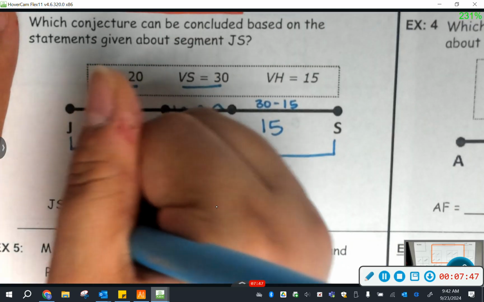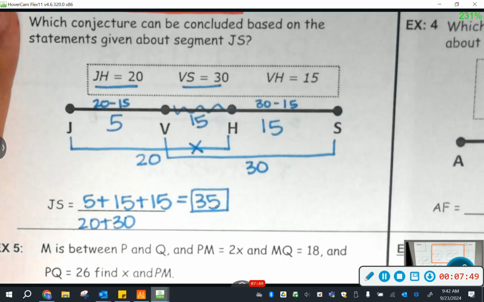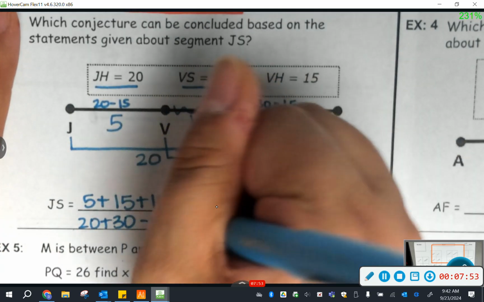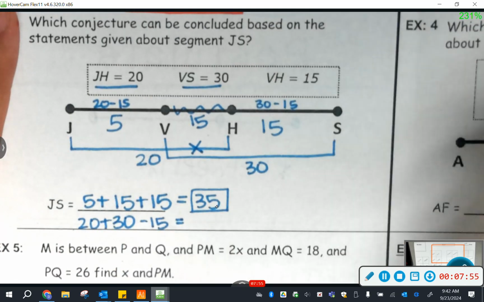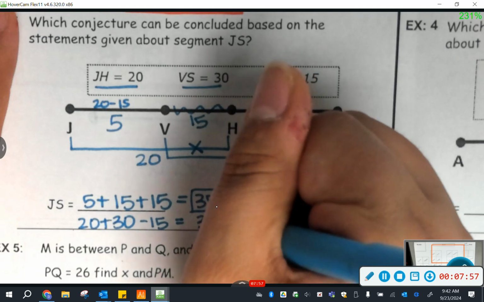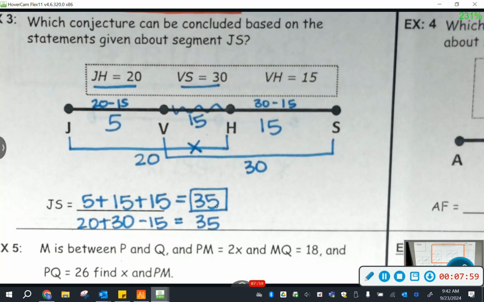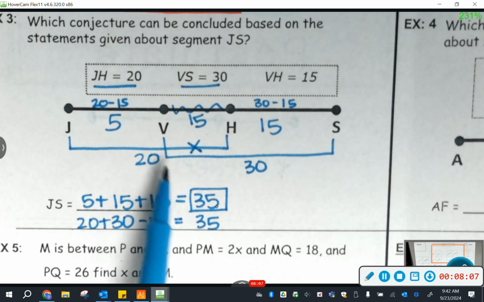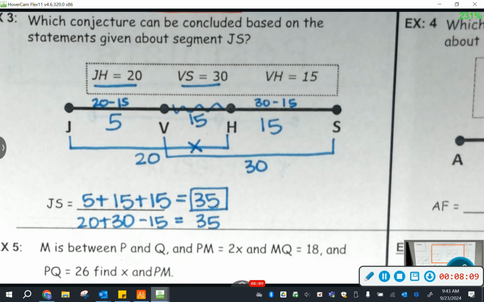So I could add 20 plus 30, and then subtract 15 because it overlaps. I'm subtracting one of them. And that would also give me 35. Both of those ways are right. The reason I like the first way better is because so many times people forget to subtract the 15. They just add them and move on with their life. So if you can remember to subtract that middle number, you're good.